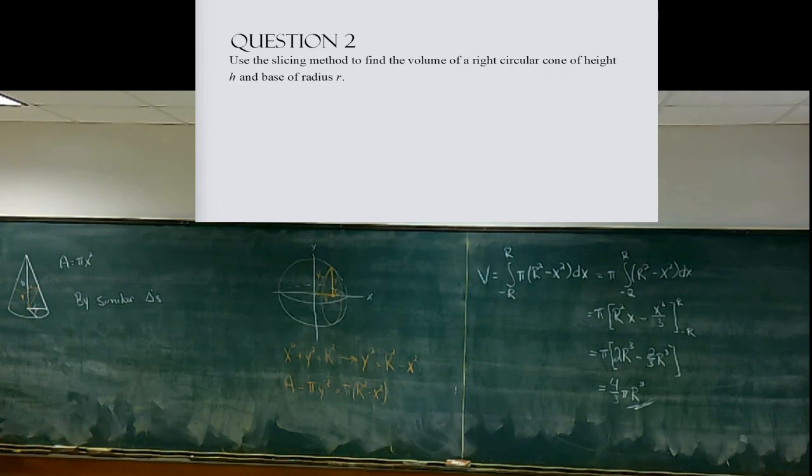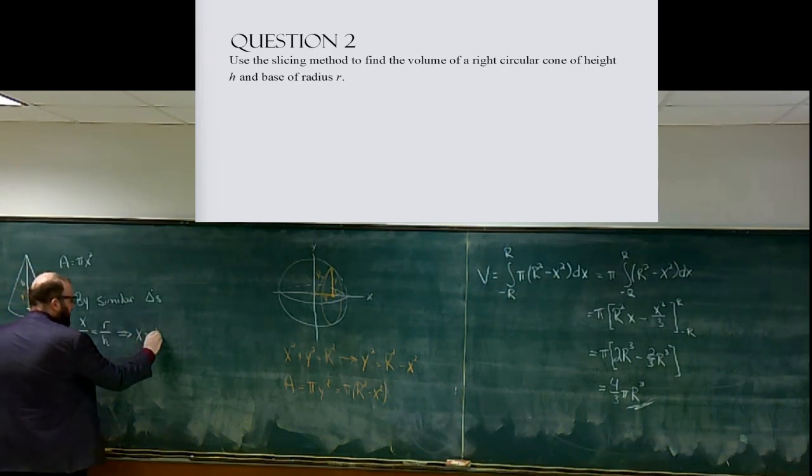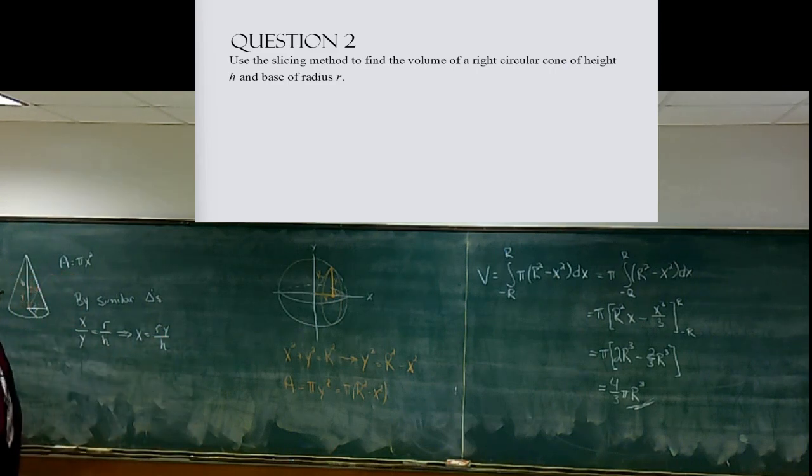By similar triangles, the ratio of the base to the height of the first has to equal the ratio of the base to the height of the second. So x over y has to equal r over h. So x should be ry over h.